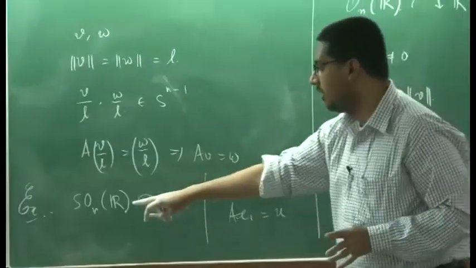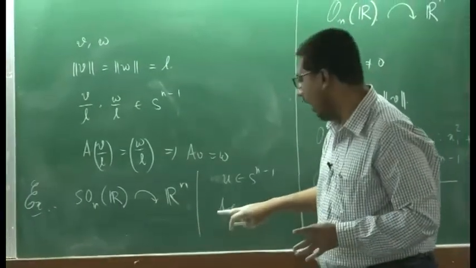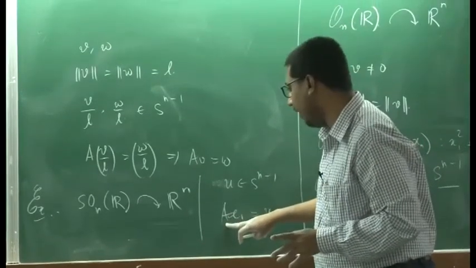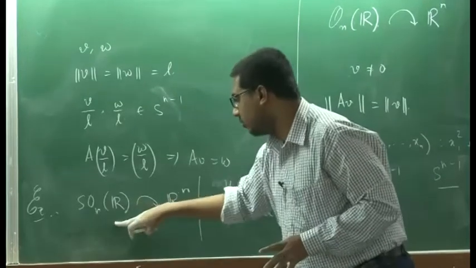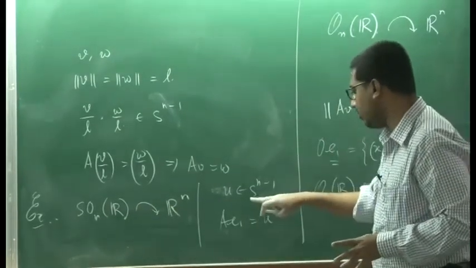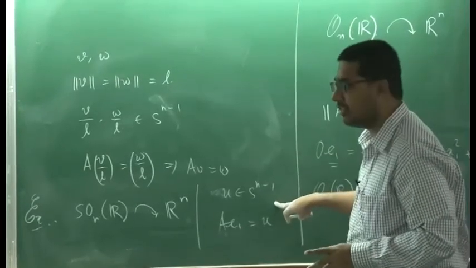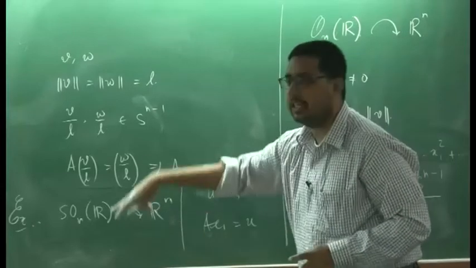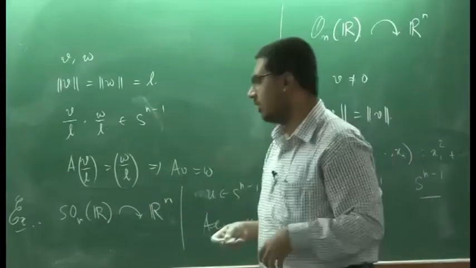So we can always choose this matrix to have determinant 1. It shows that SO_n(R) acts on the unit sphere transitively, and hence, in the previous way, here also all the orbits are just the spheres.